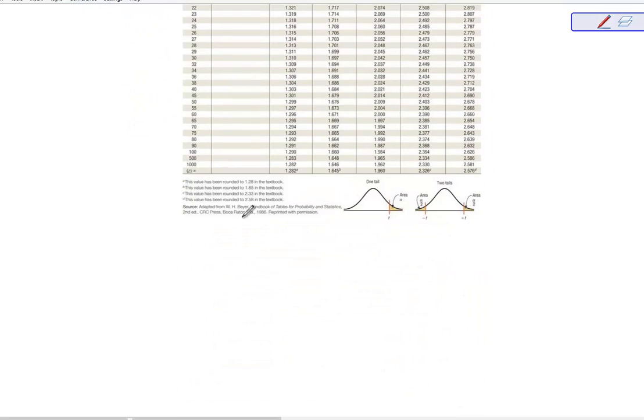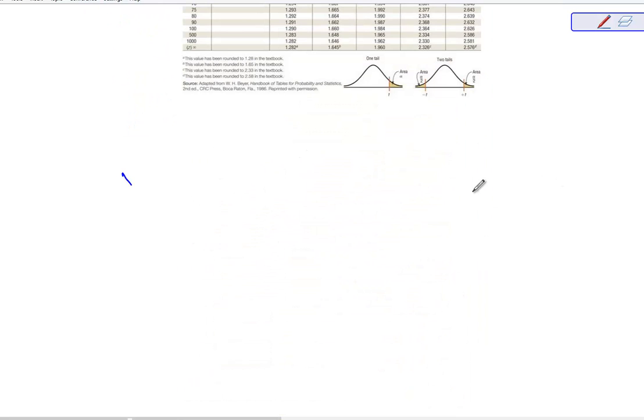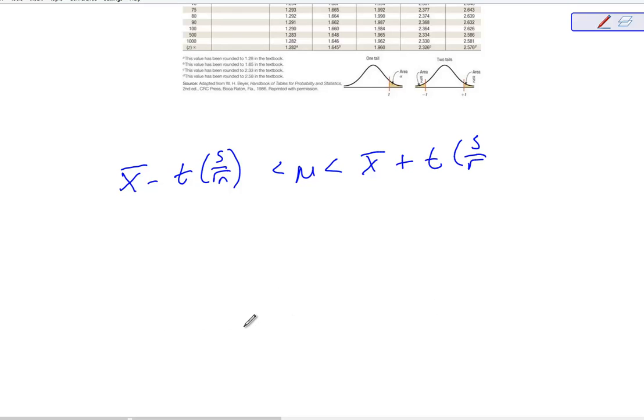So I'm going to scroll down, and remember that our formula is x bar minus our t times s divided by the square root of our sample size, less than our mean, less than x bar plus t times our standard deviation divided by the square root of our sample size. Now let's plug in our numbers. Our mean was 15.0.